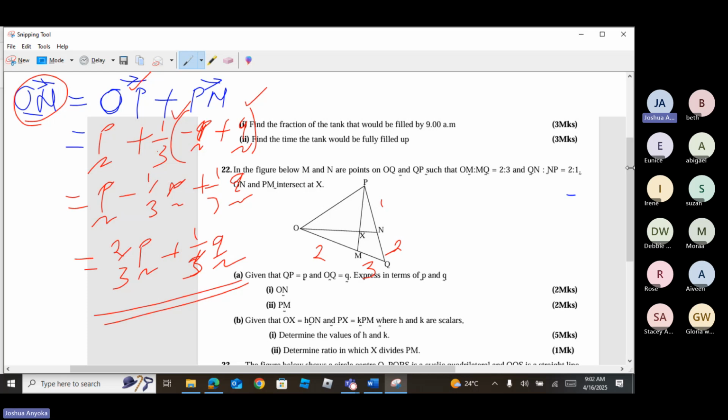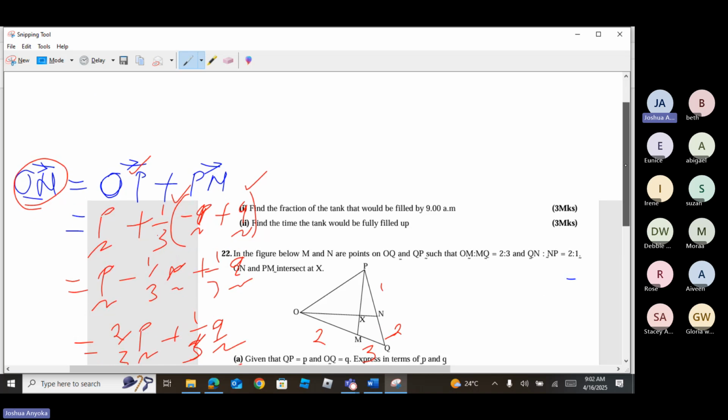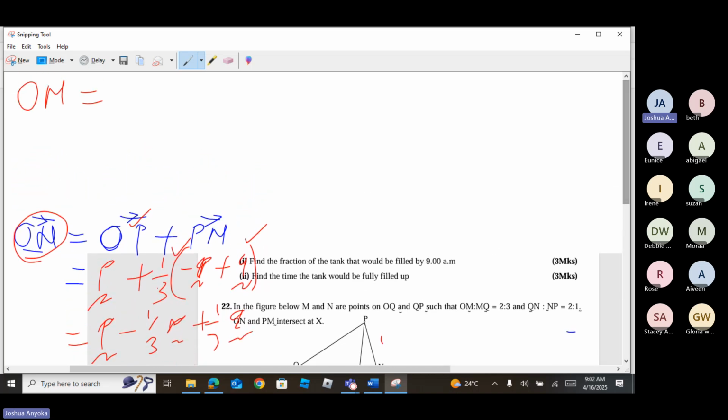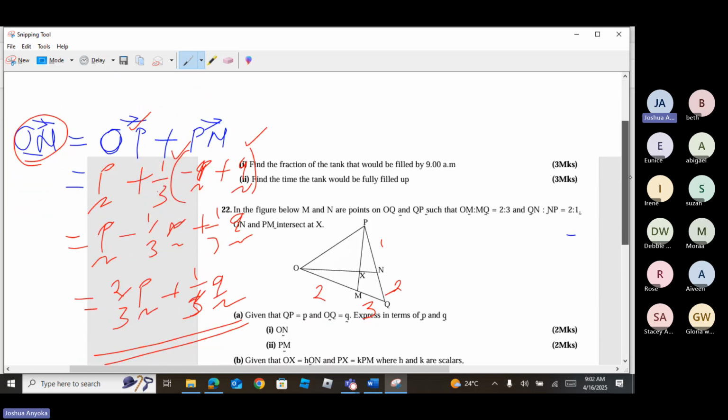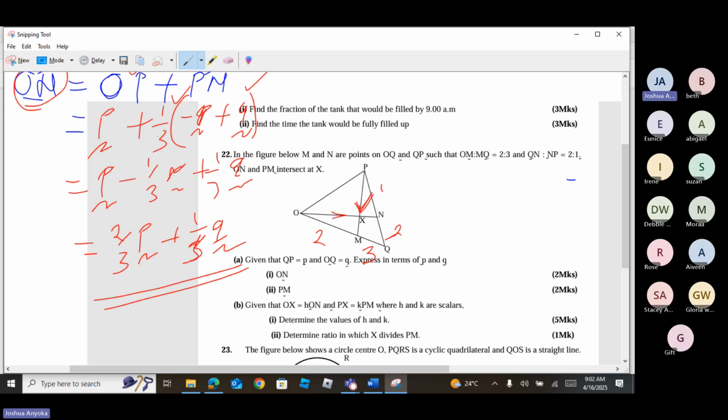So ON is equal to 2 over 3 P plus a third Q. That is vector ON that we have worked out. Next is vector PM. ON and PM. PM, we are following which route?